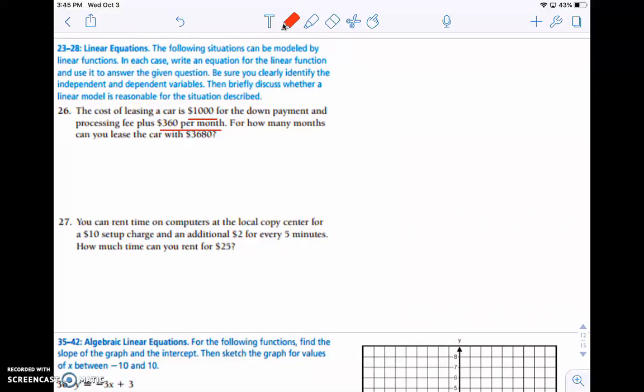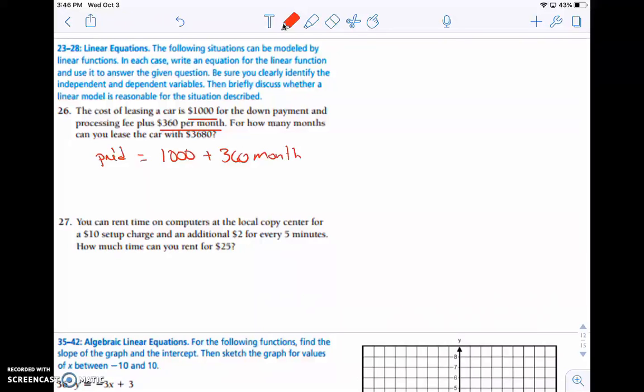So in this case, we've got our dependent variable, which is going to be the amount that you paid. That's going to equal the initial amount, which is $1,000, plus the rate of change. Well, that's $360 per month times the number of months.